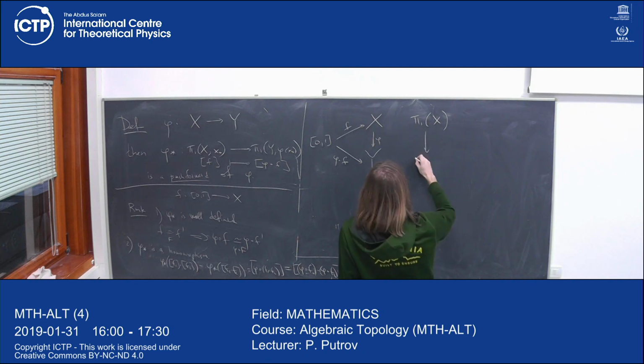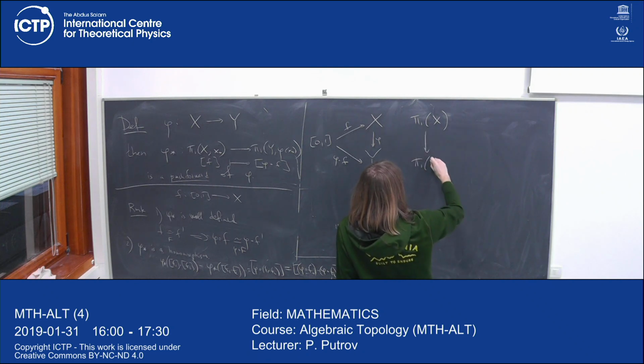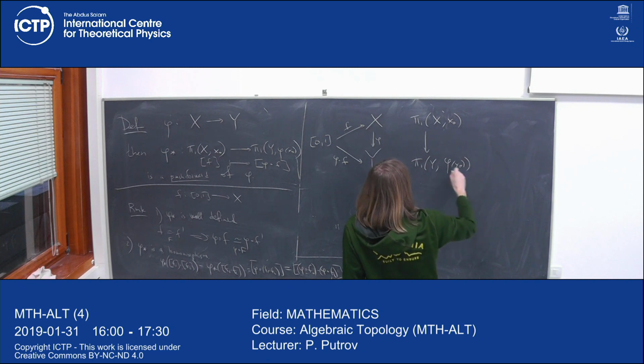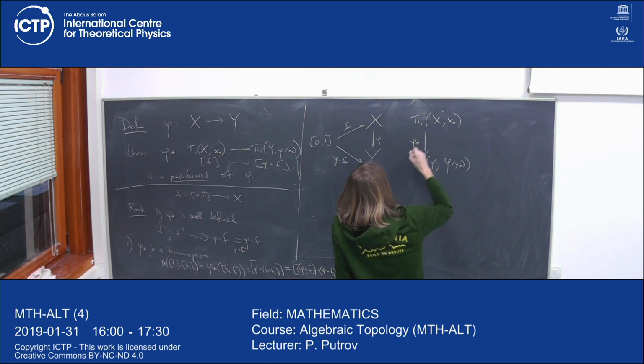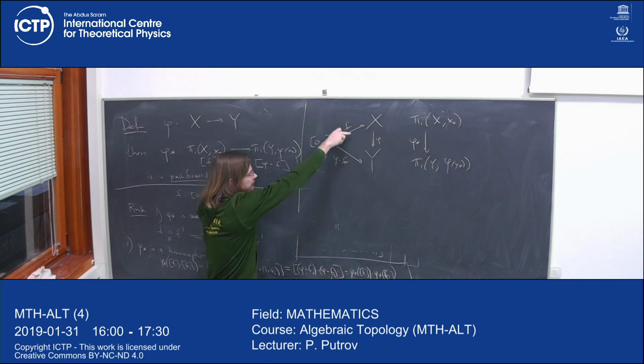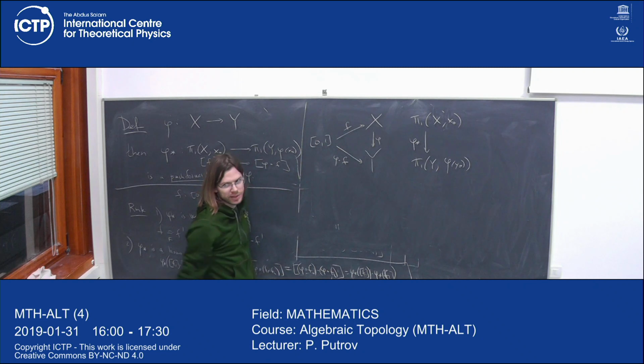Let me omit the base point. So if you have a path in X and the map phi, it's pushed to a path in Y, and so phi star, between the pi ones, goes in the same direction as phi.